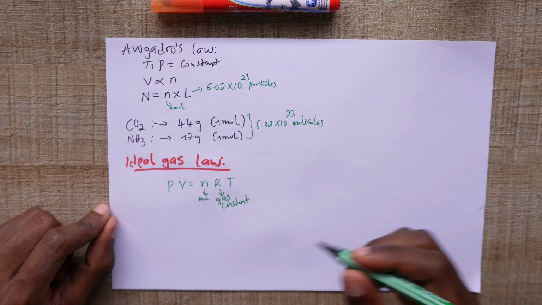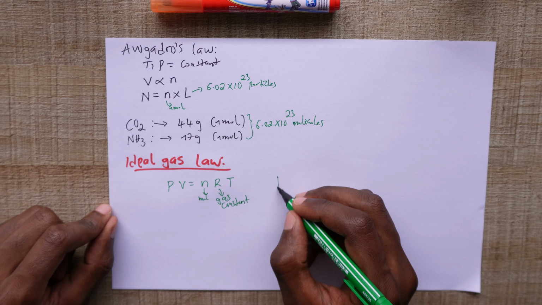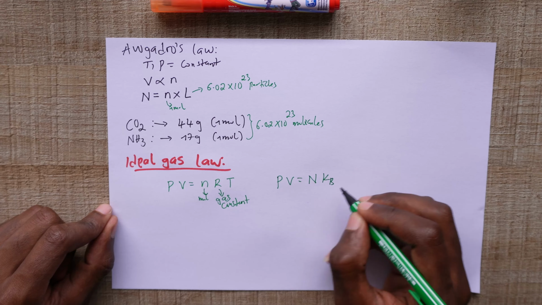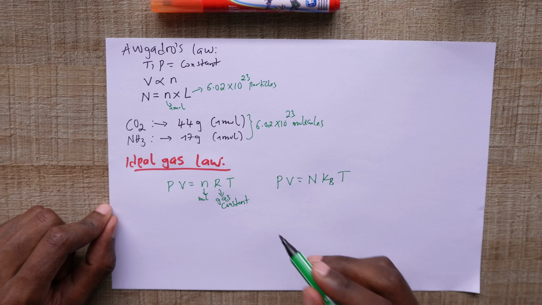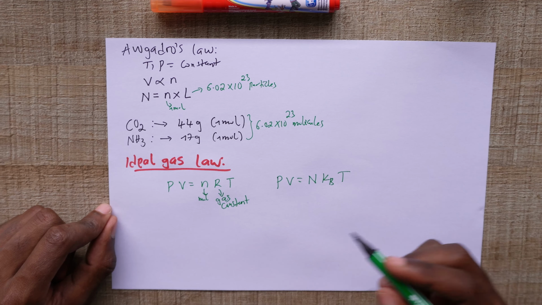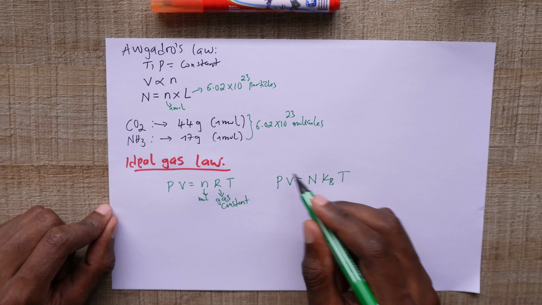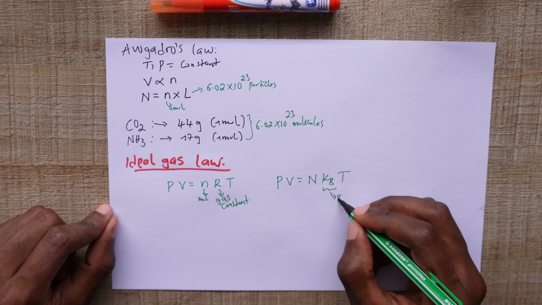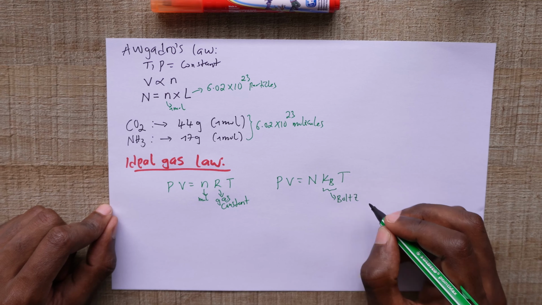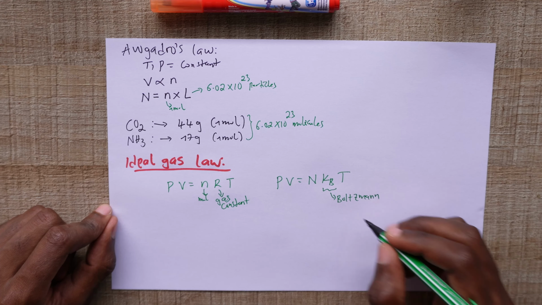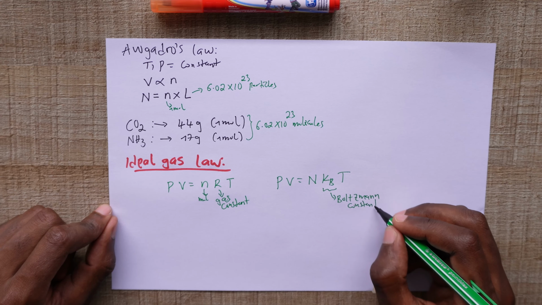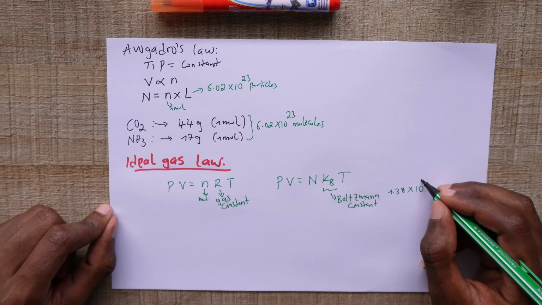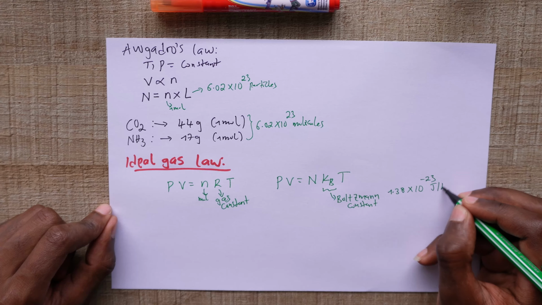Another way of writing this is PV equals N k_B T. This is just the equivalent form, where this time we express it in terms of the Boltzmann constant, which has a value of around 1.38 times 10 to the negative 23 joules per Kelvin.